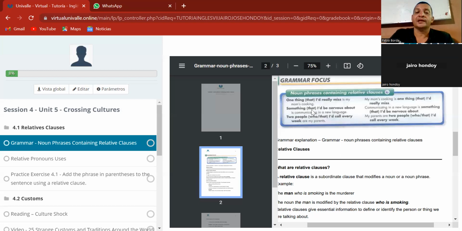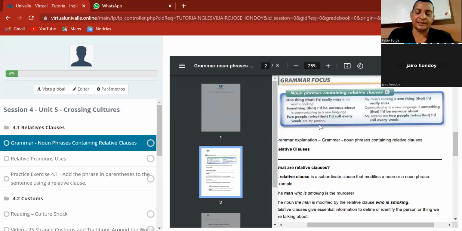Yes, teacher. Okay, we are going to continue. Something that I'd be nervous about is communicating in a new language. This is at the beginning, the relative clause, in bold. In the next expression on the right, communicating in a new language is something that I'd be nervous about.